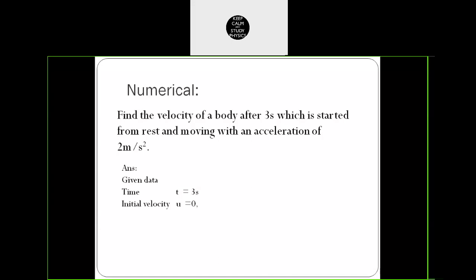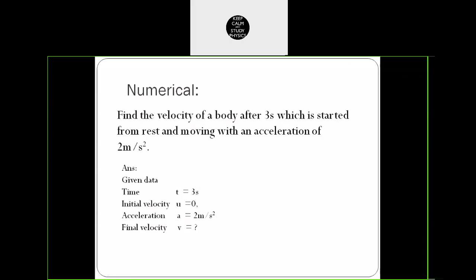Then he said it is moving with an acceleration, and he has given acceleration as 2 meter per second square. Like this, you have to write all the data. Then what do we need to find out? The final velocity. Now we are going to solve this problem using the equations of motion.